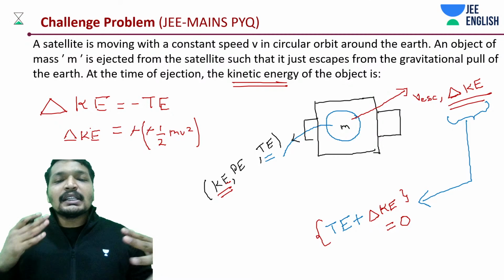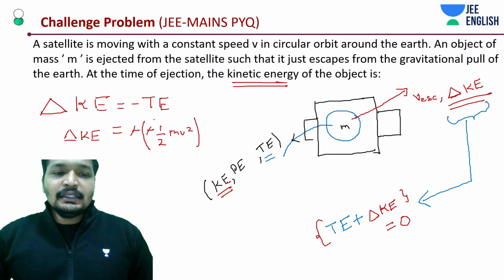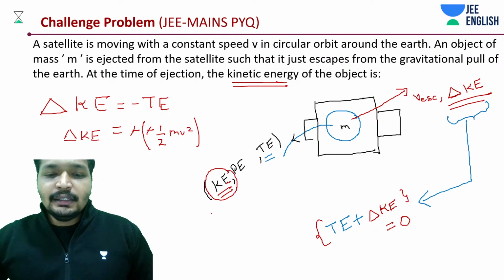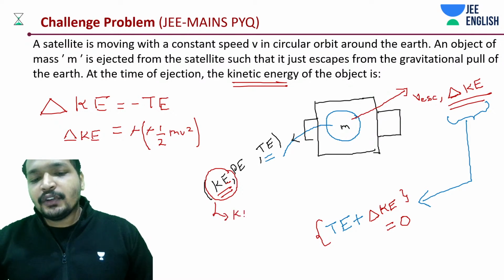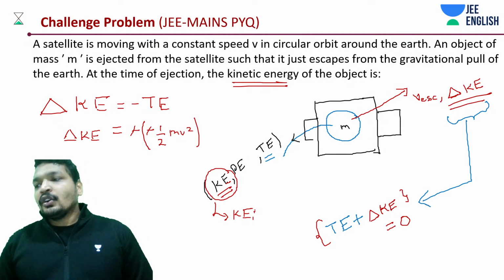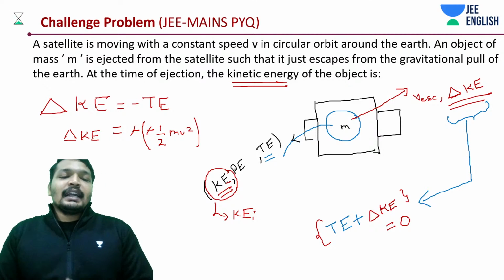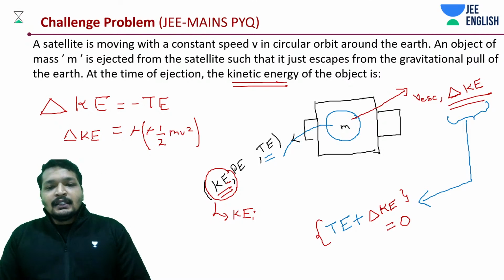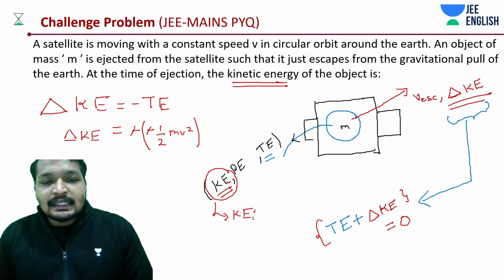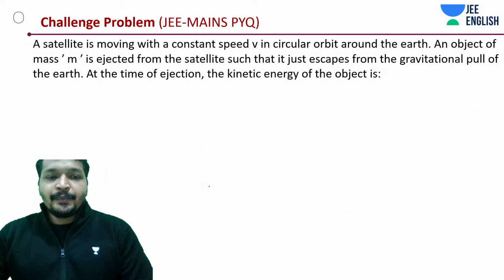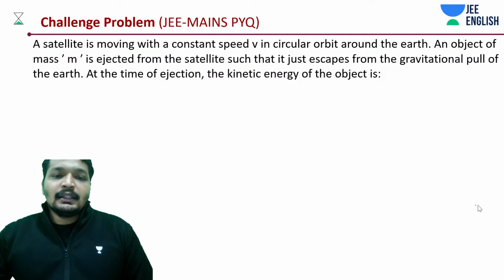Now, what is the total kinetic energy? Let me change this quickly to initial kinetic energy for the moment. Total kinetic energy is initial kinetic energy plus the change in kinetic energy. That's all you need to know.